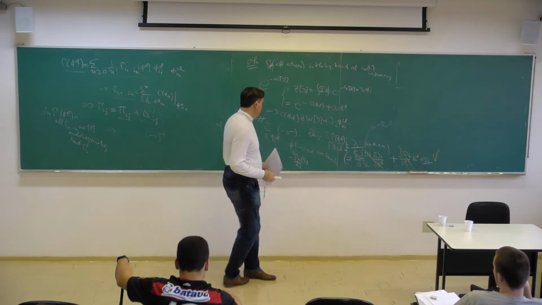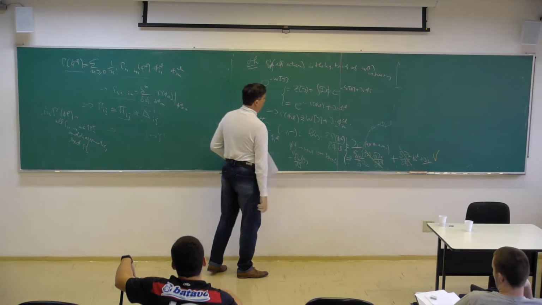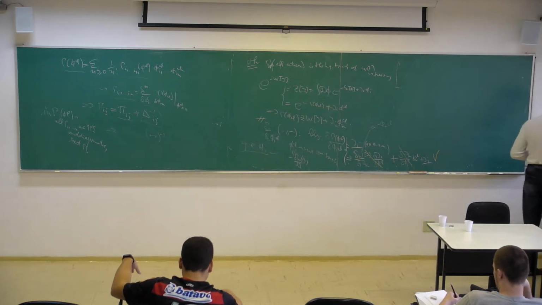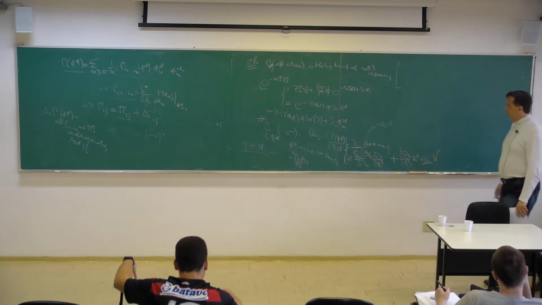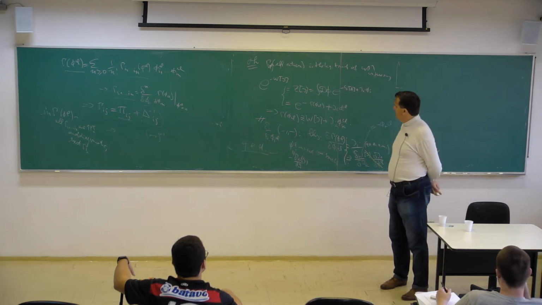Okay? So we've proven this. All right. So the effective action is the generating functional of 1PI, except for the 2-point function.